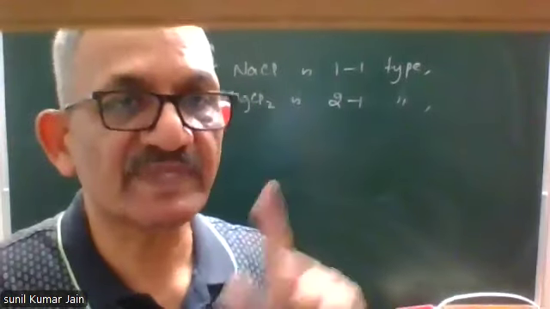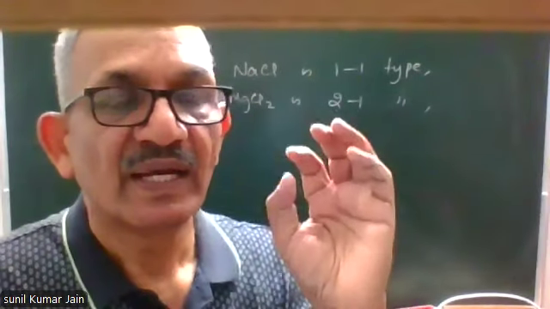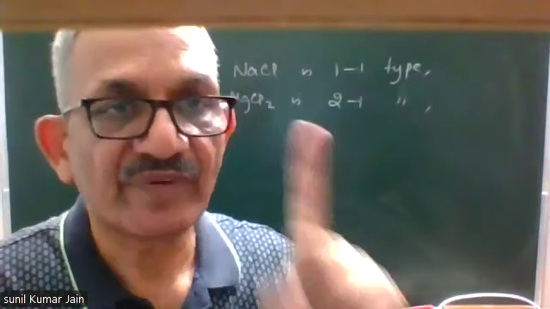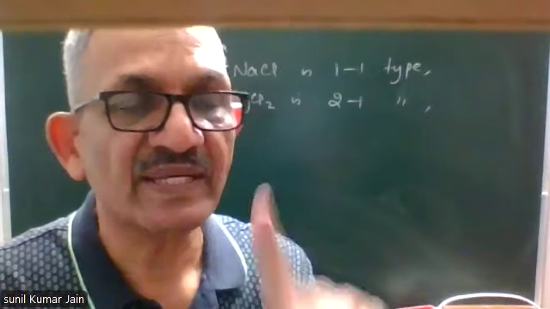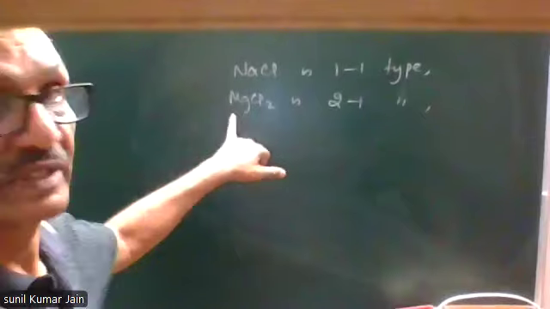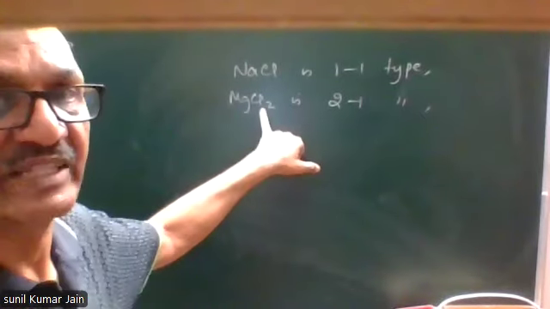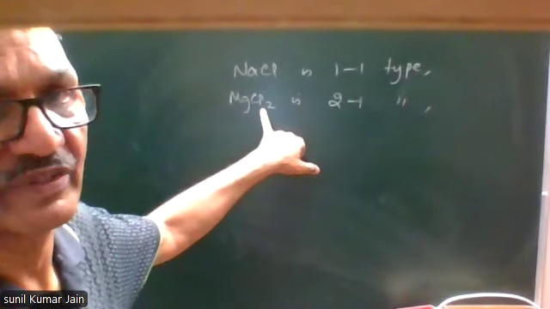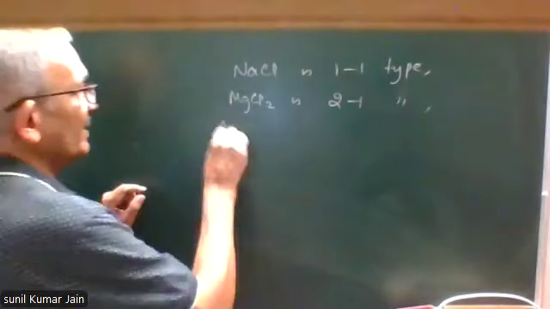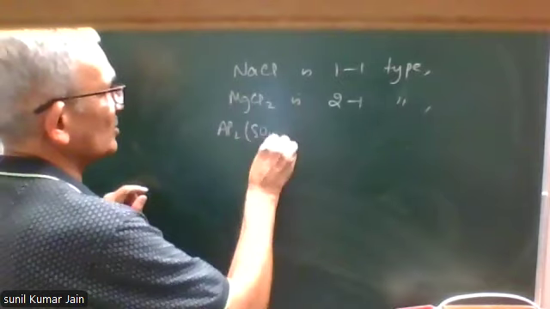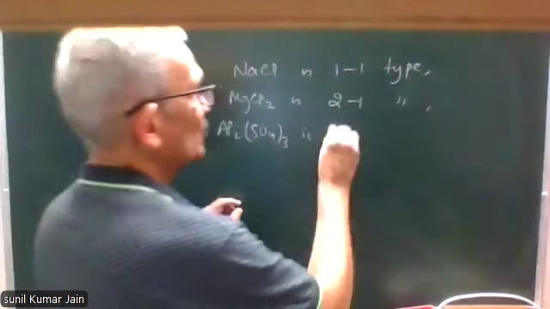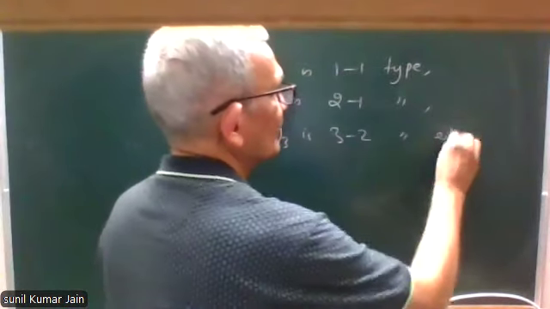Now look at these two examples. I'll give you more examples. In the type, I'm using two numbers. First number is the charge of cation. Second number is the charge of anion. Magnesium charge is +2. Chloride ion charge is 1 unit negative charge. So this is 2,1 type. One more example: Al2(SO4)3, aluminium sulfate, is 3,2 type.